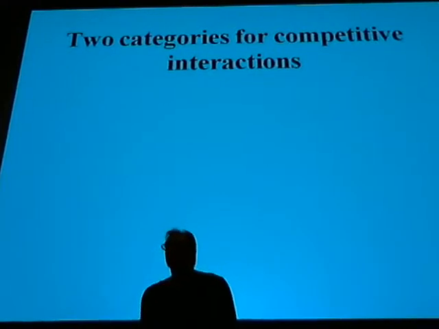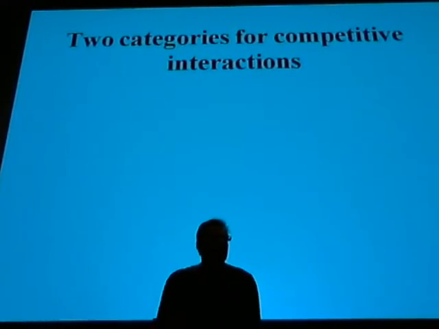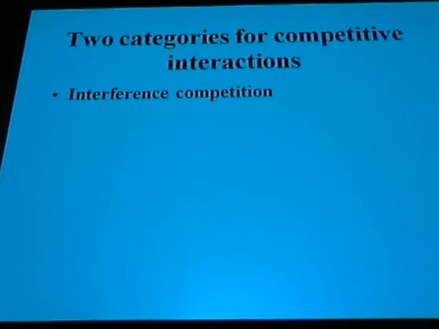Now, there's another way we categorize competitive interactions, not with regard to the type of fitness impact that's achieved, but the nature of the competition. So there are two broad categories of competition in terms of how the competition occurs that your book talks about. One's what we call interference competition. And we've just seen a great example of that. One interferes with another one and prevents it from obtaining a resource.